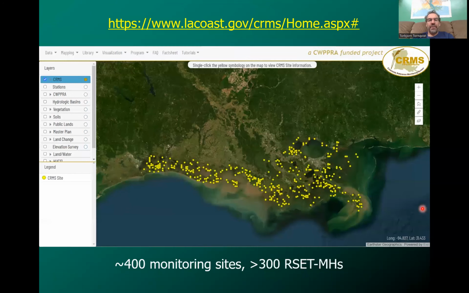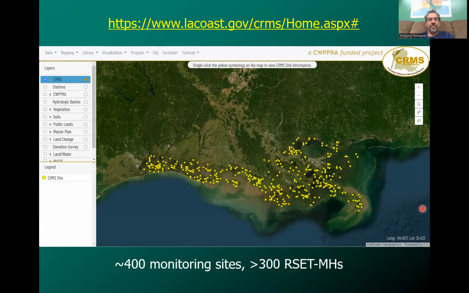This is a map that shows about 400 monitoring sites where a lot of environmental parameters are tracked over time. At least 300 of these sites have an SET marker horizon system, and that's, of course, what we will be focusing on here.